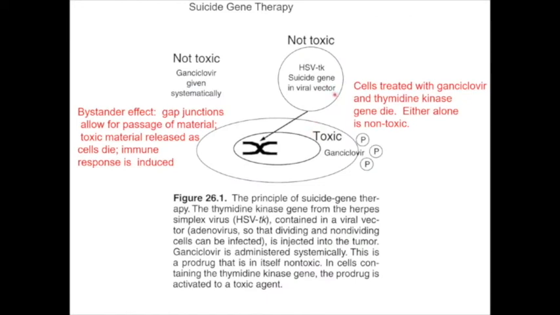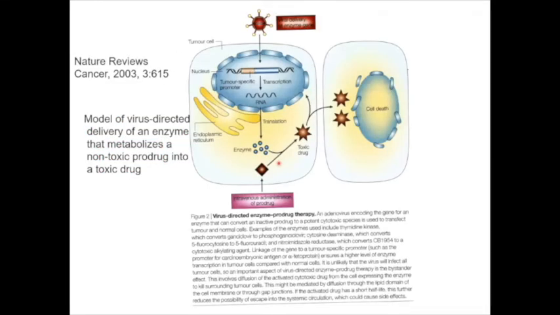So the cells that have both ganciclovir and thymidine kinase die, but either one alone is not toxic. And there's this bystander effect where material passes through the gap junctions to neighboring cells, and there is an immune response that is induced. So this has been mentioned on the boards before, and it is kind of the mechanism of action of most ganciclovir therapies. Okay.